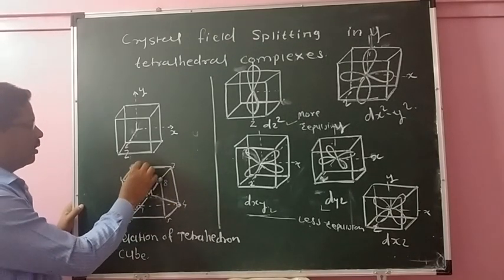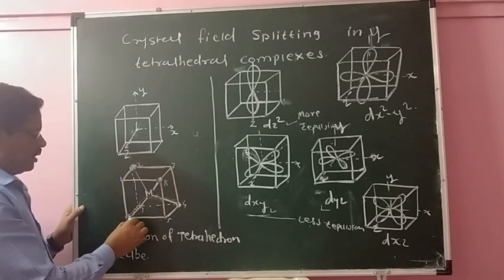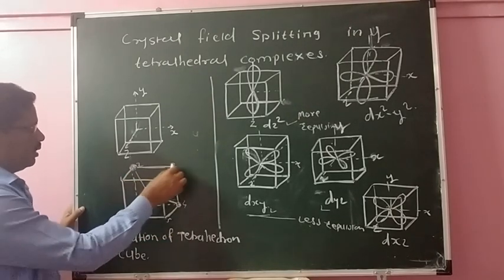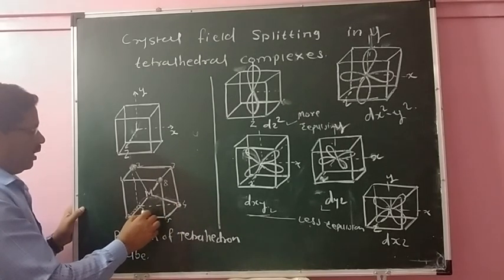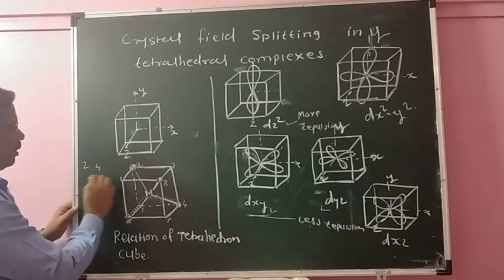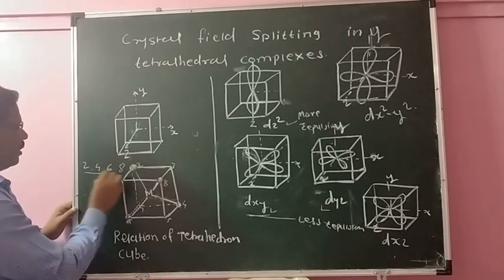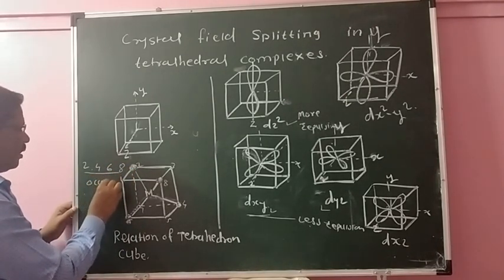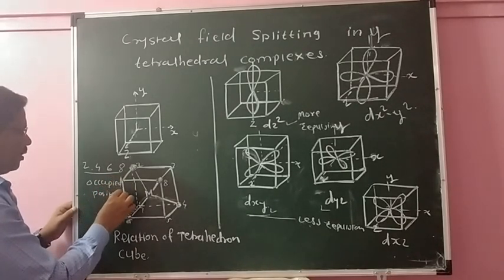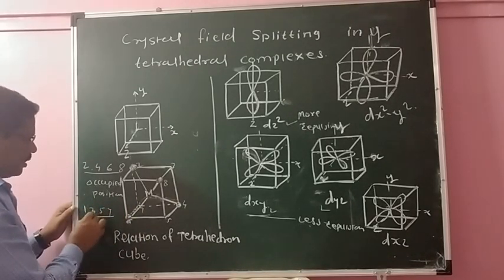The positions 2, 4, 6, 8 are occupied, and 1, 3, 5 and 7 are unoccupied.